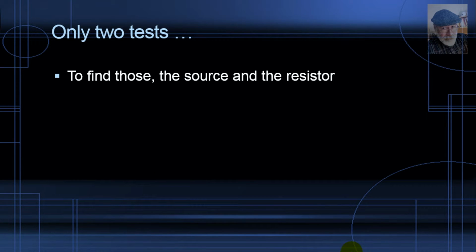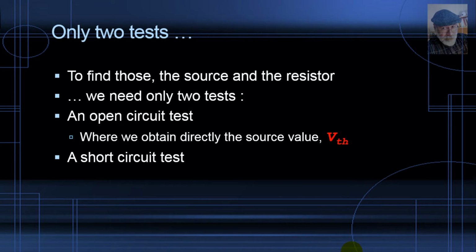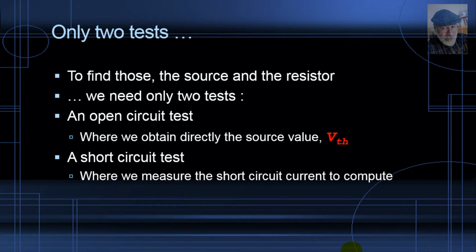And we have seen that to find the value of that source Vth and that resistor Rth, we need only two tests, the open circuit test and the short circuit test. In the first one, we measure directly the value of the source Vth, and in the second one, we measure or we compute on paper with mesh analysis the value of the short circuit current, and with that we compute the value of the resistor Rth.